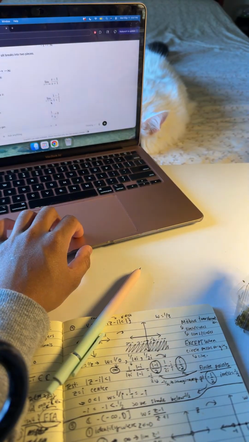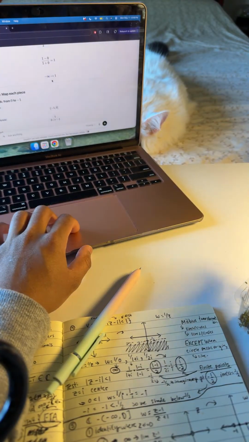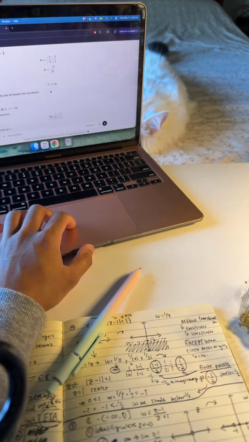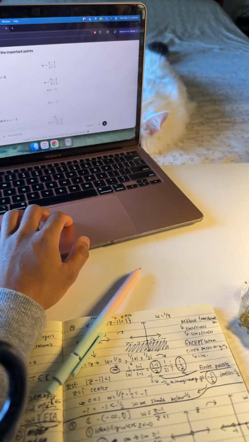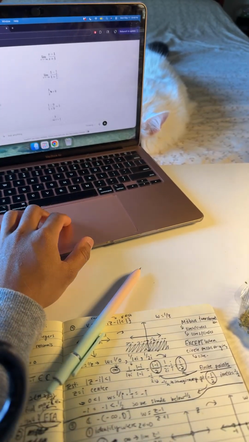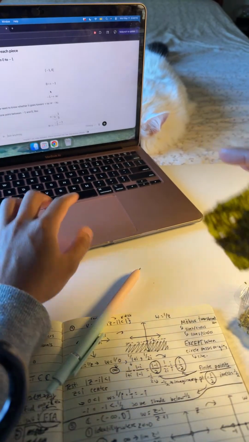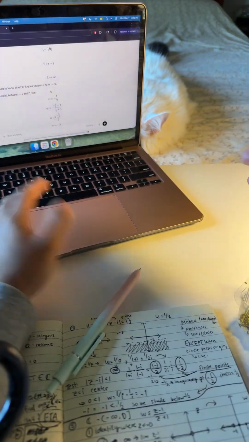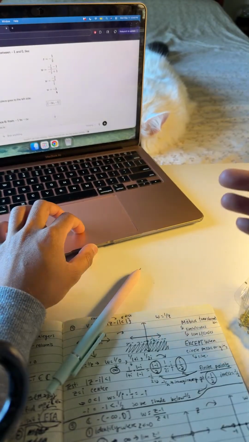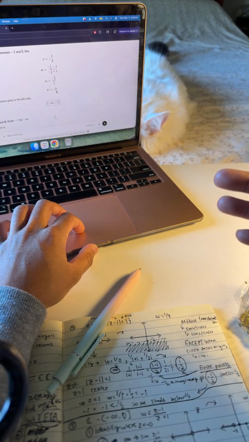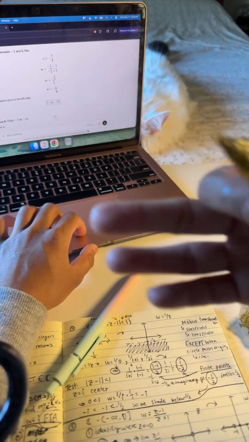So we map the points, yeah. We see where it goes. Negative infinity goes to 1, -1 goes to infinity, and 0 goes to -1. So we plug in something between 0 and -1, which is -half, and see which way it goes. So it goes towards the negative.